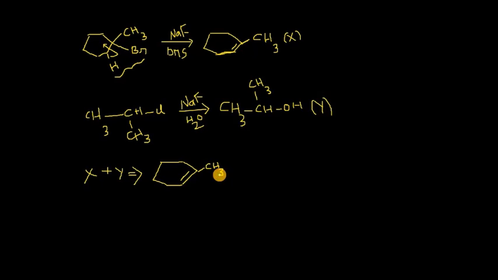This is X. And what is Y? Y is nothing but a secondary alkyl alcohol. I can write this one as (CH3)2CHOH.